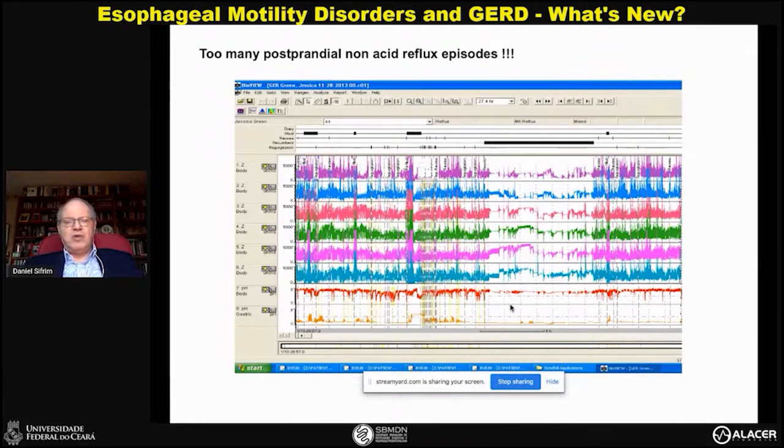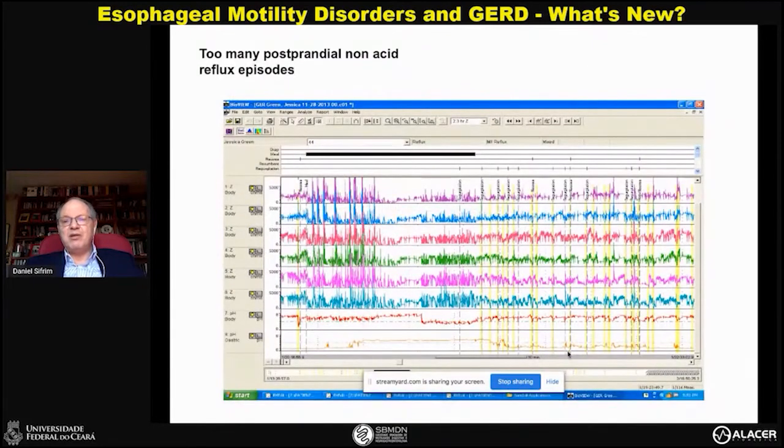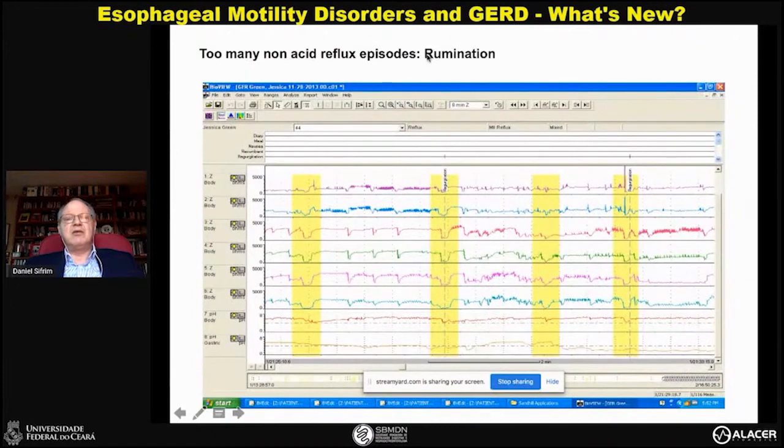And we have recently analyzed a large set of these patients with postprandial persistent regurgitation in spite of PPI treatment. And we found this pattern of a significant number of non-acidic symptomatic reflux episodes, and this is rumination syndrome.